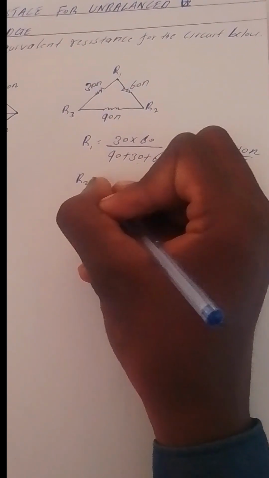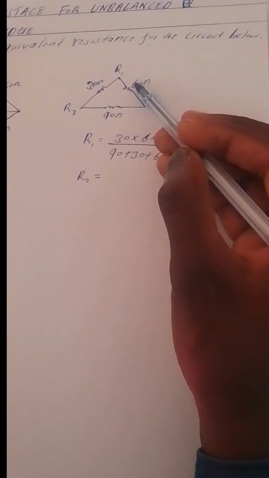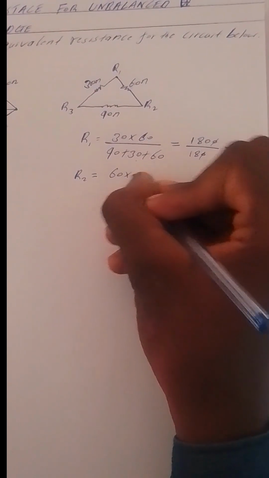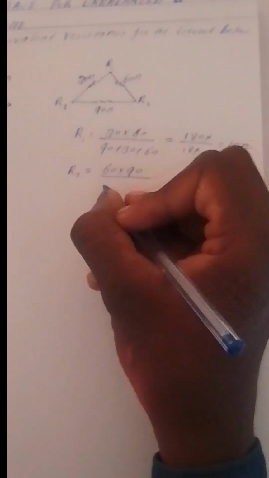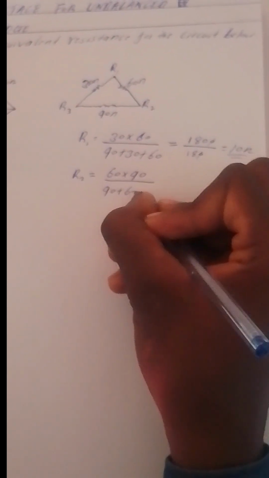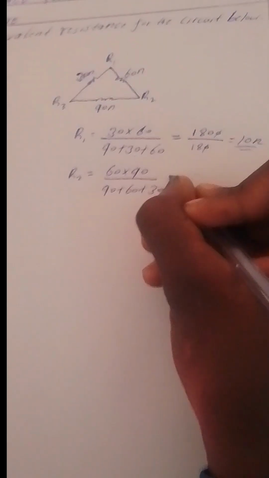Now let's move to R2. You do the same: 60 times 90 over the total sum, 90 plus 60 plus 30.